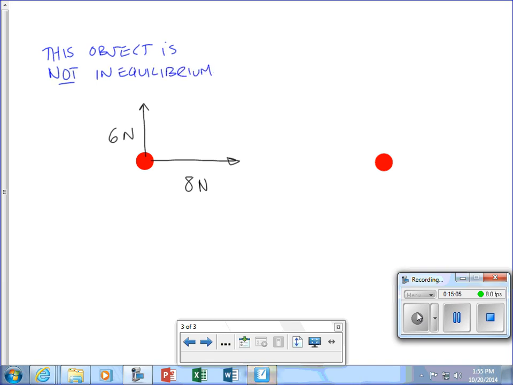Remember, equilibrium means that the net force is 0. So that means that the net force on this object is not 0. And how can we tell that? Well, we could take these two forces and add them tip to tail and find their resultant. And so this object has a net force.